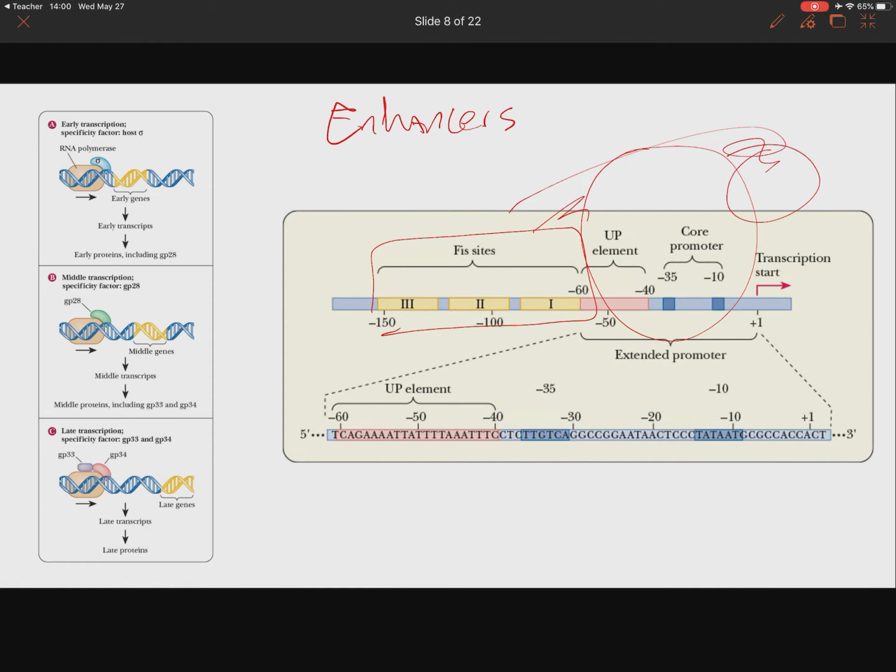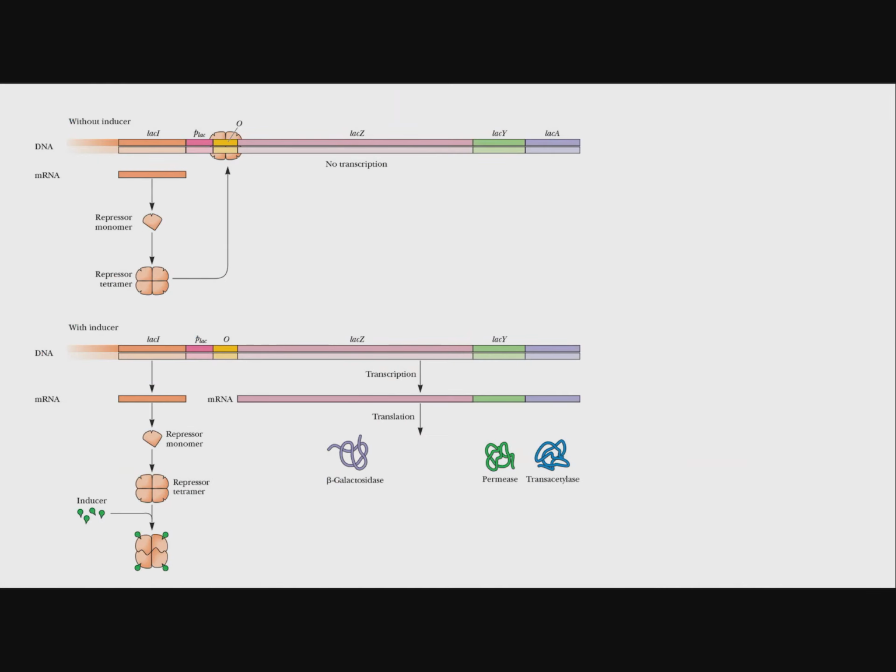So if this is a gene that makes ribosomal RNA, upstream we have these binding sites for the protein called FIS. And FIS is just a transcription factor. It's just a protein or a complex of proteins that binds to the DNA sequence and can increase the level of transcription. All right, and it goes without saying that if we can enhance the level of transcription, we can also inhibit it.